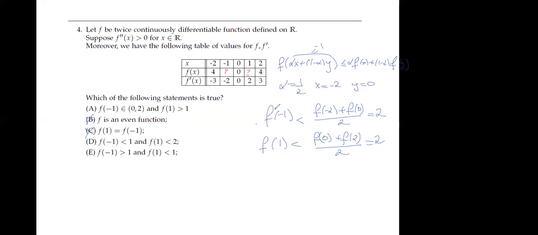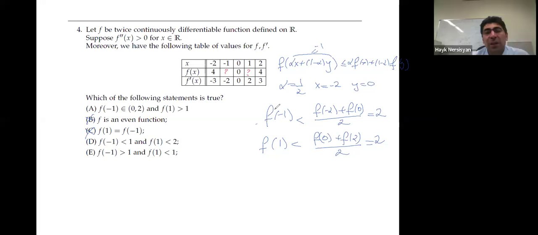Maybe we can look at the tangent lines. Our function is concave up, which means that if we construct a tangent line at some point, the tangent line should be below the curve, right? So what is the tangent line at point -1?